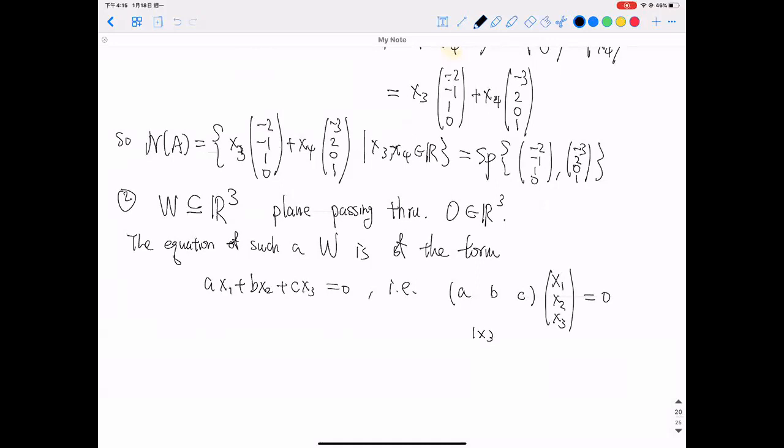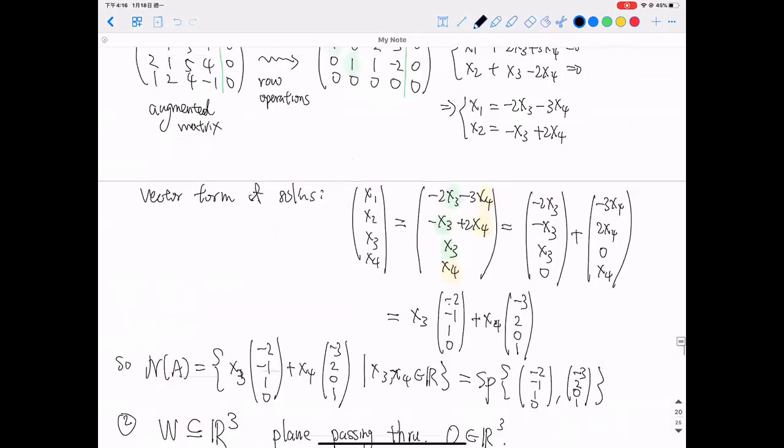Okay, so now if I take this 1×3 matrix to be my A, we get that W is equal to N of this A, and hence is a subspace. Okay. That's another example of the null space.